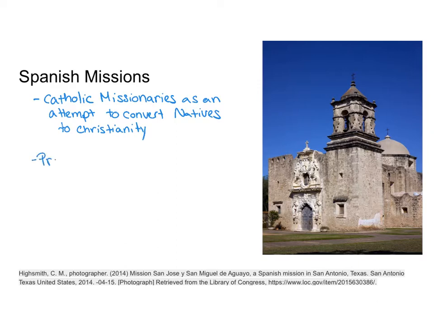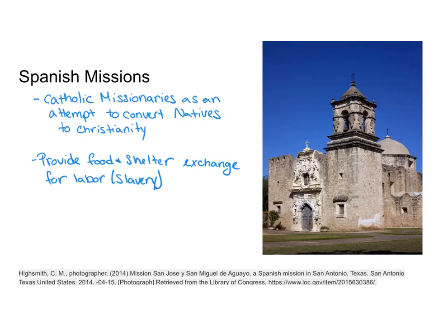In addition, these Spanish missions also provided natives with food and shelter. However, that came at a cost. It was in exchange for labor, which was really better classified as slavery or a type of slavery.